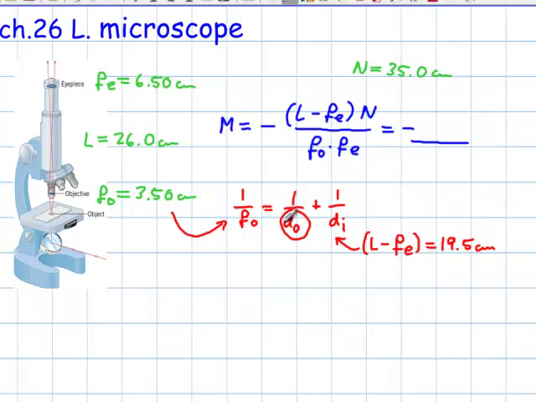So this one here is then the object distance. This one here is the image distance from here to here. That's the 6.5 centimeters, and then this here would be the 19.5 centimeters. And the focal length, of course, is this one.